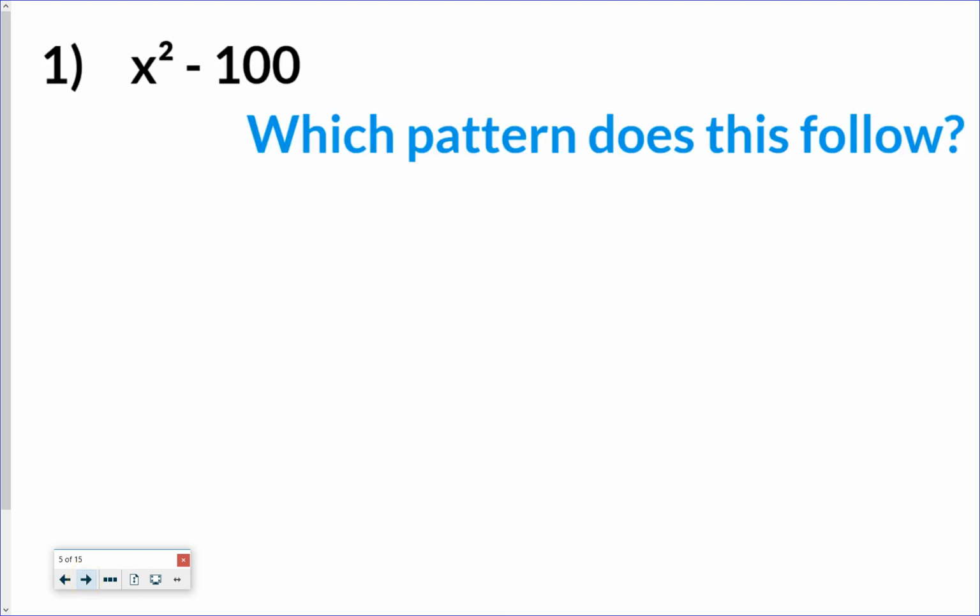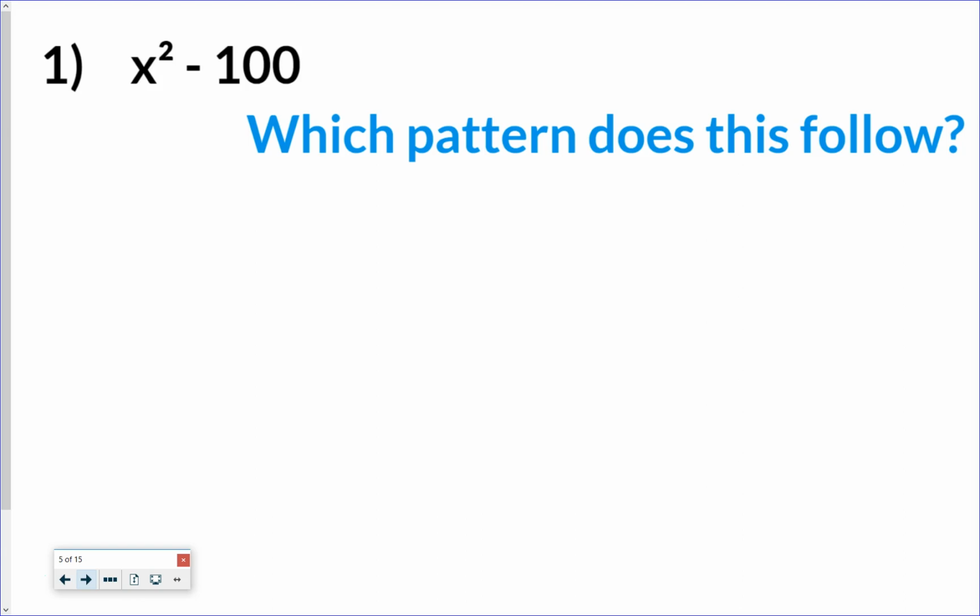So x squared minus 100. Number 1, is it a difference? What does difference mean? It means subtract. So is it subtracting? Yes, beautiful. Is it 2 perfect squares? Is x squared a perfect square? Yes. Is 100 a perfect square? Yes.